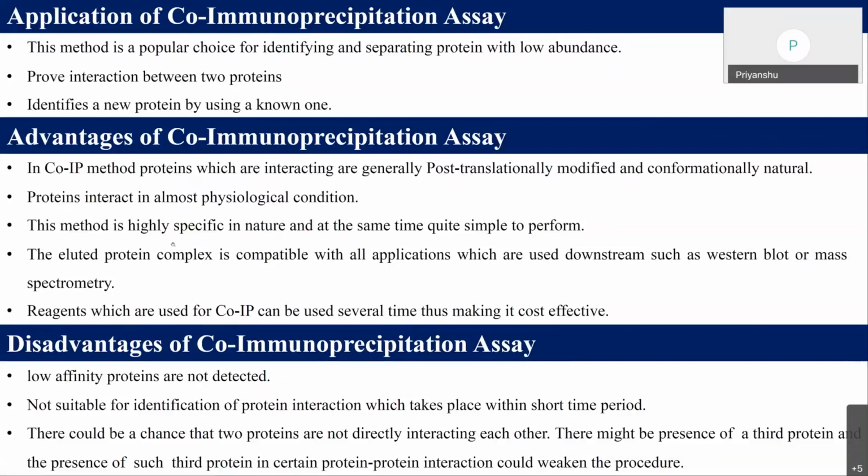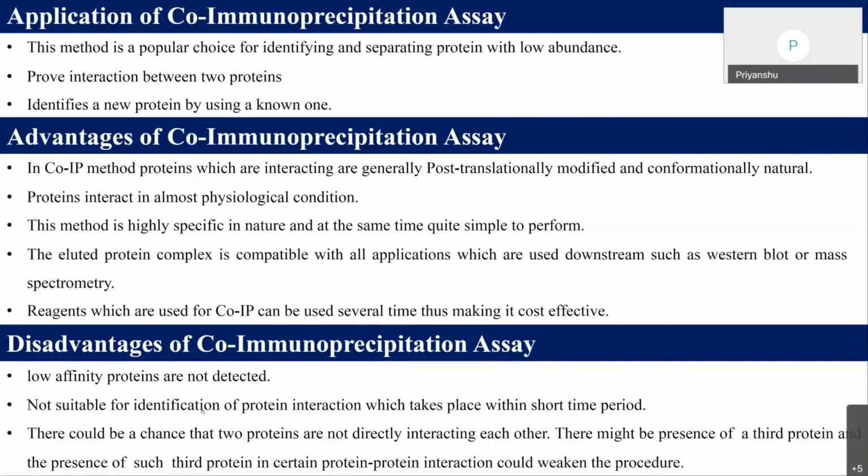So this technique is important because it maintains the physiological condition. That is the main important point. You can also use the eluted protein complex for further downstream work, for western blot, for mass spec, and you can validate these interacting partners through IFA, through confocal, in various ways. So these are the advantages.